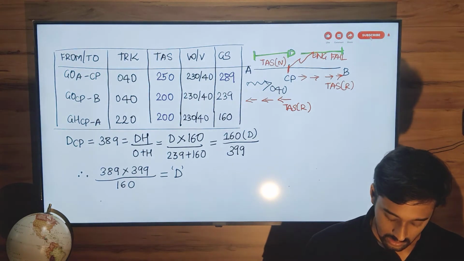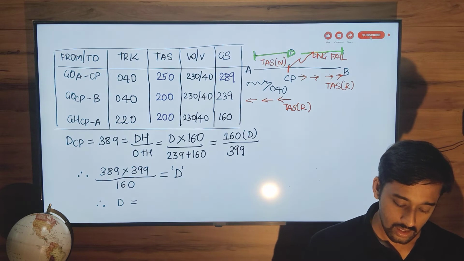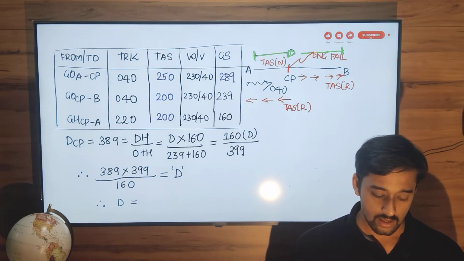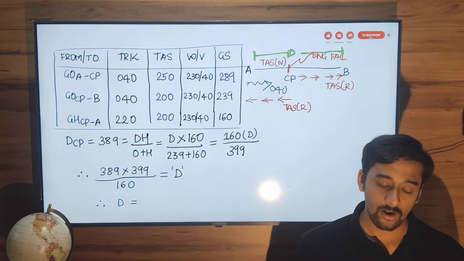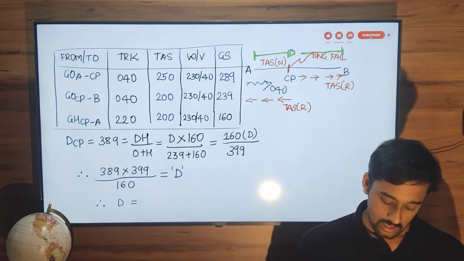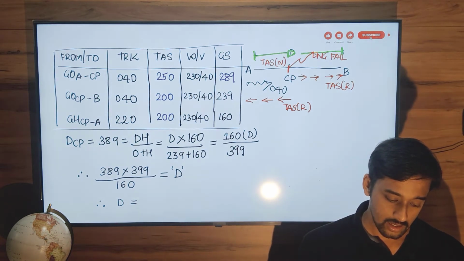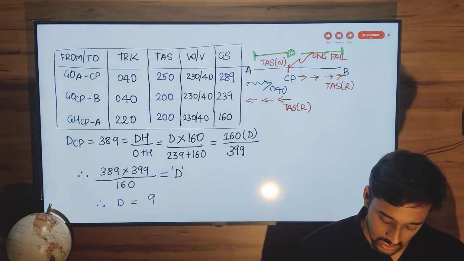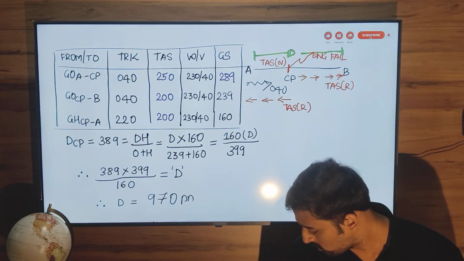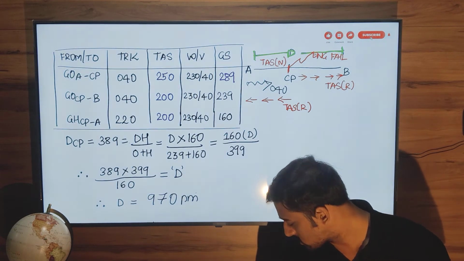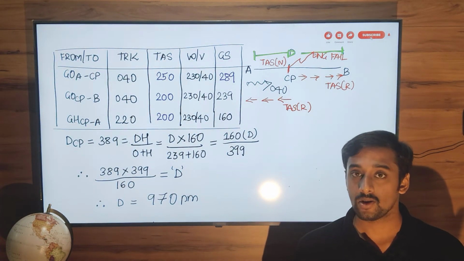Therefore D equals 389 into 399, equals the value 155211 divided by 160, 970 nautical miles. Okay, 970 nautical miles.